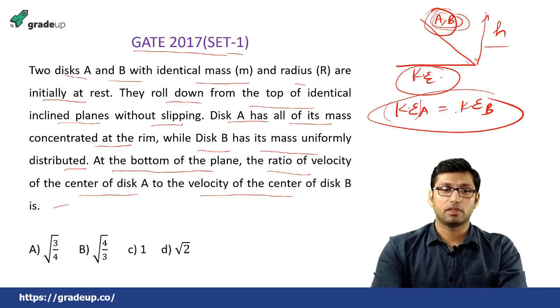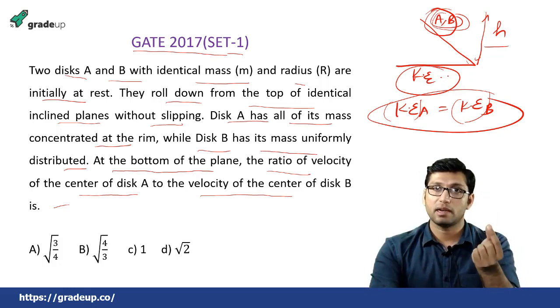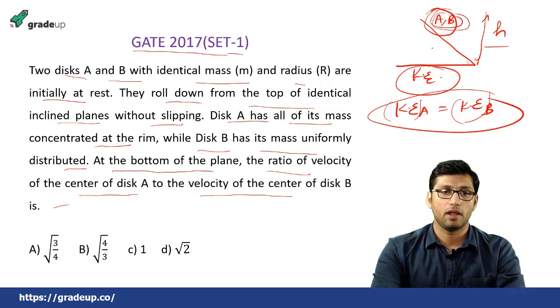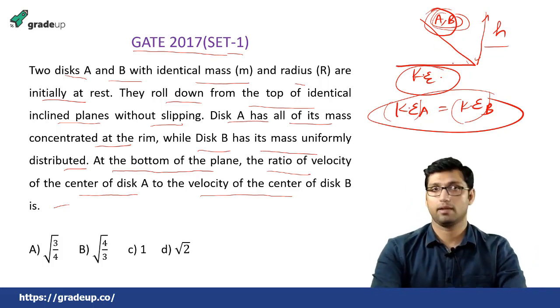Now this kinetic energy of body A and body B will be the sum of the translatory kinetic energy and the rotatory kinetic energy, because this body, along with rolling, will also slide down this plane. It is pretty obvious.